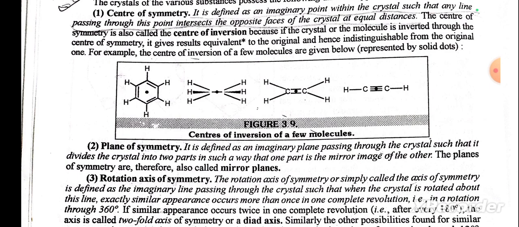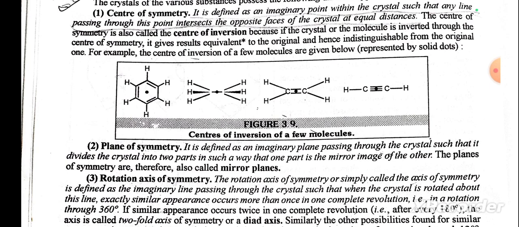The center of symmetry is also called the center of inversion because if the crystal or molecule is inverted through the center of symmetry, it results in a configuration equivalent to the original and hence indistinguishable from the original one. Examples of the center of inversion are given below.